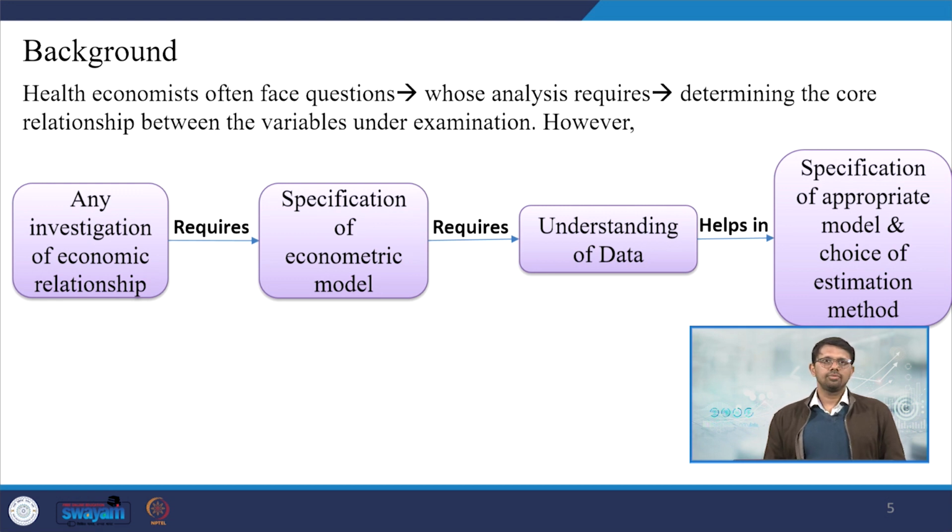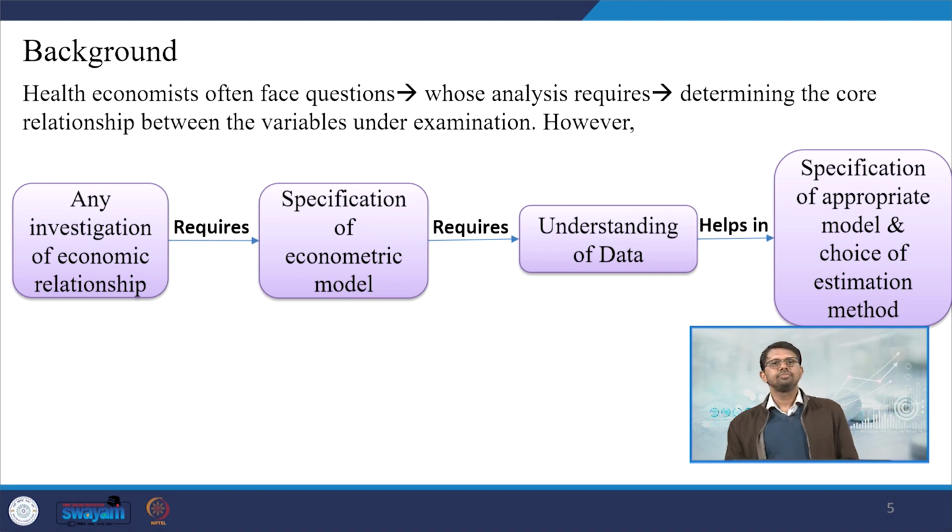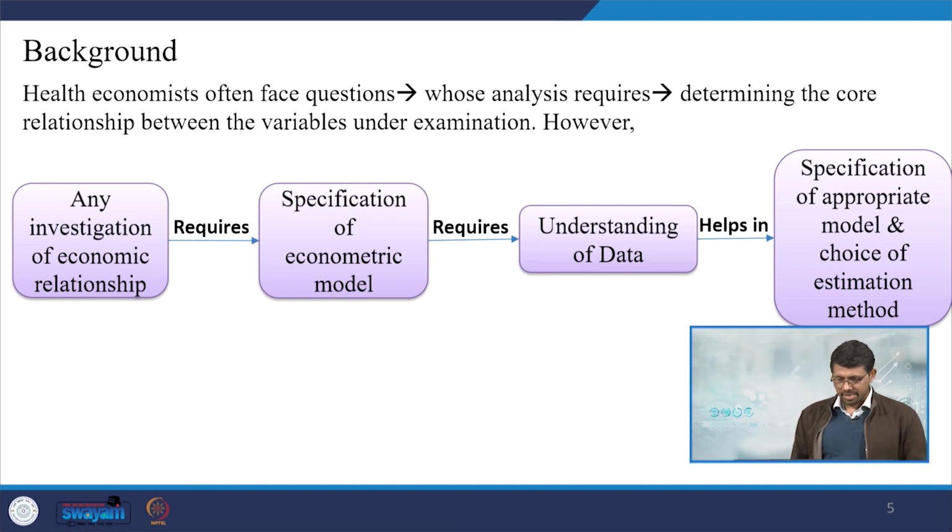Starting with the background, health economists usually face questions which require the correlations between variables under examination for the analysis. So, the obvious aspect is how to delve into the economic relationship and specify the models, econometric models, which require data.